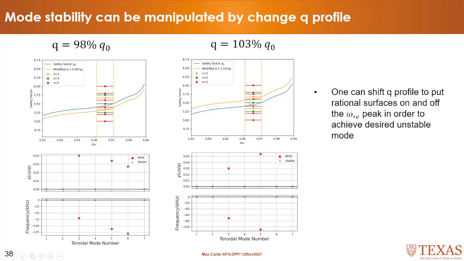Just shift it so that it goes through certain rational surfaces while avoiding the ones that are not desired. If you go through the center, it becomes strongly destabilizing, and if it is barely at the edge, then it's barely unstable.